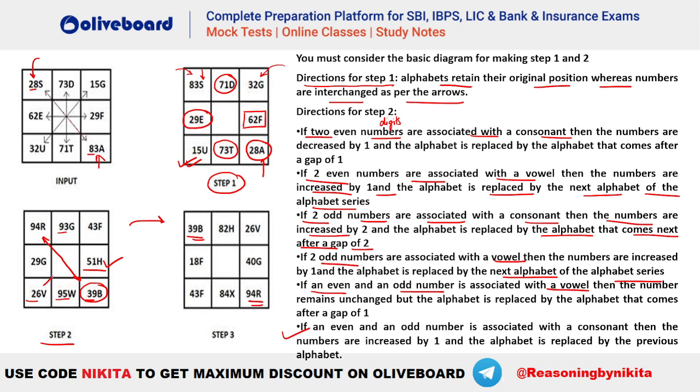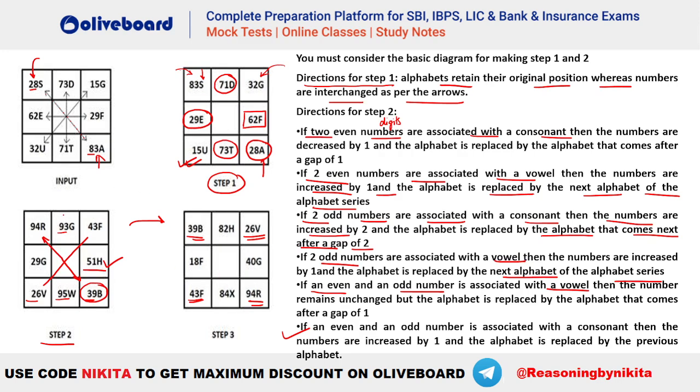Similarly, you can see 26V has gone up and 43F has come down, right? This is your 43F here and this is your 26V, right? You can see these have interchanged positions. Okay. Similarly, what has happened in here? 93G has become 82H and 95W has become 84X, right?